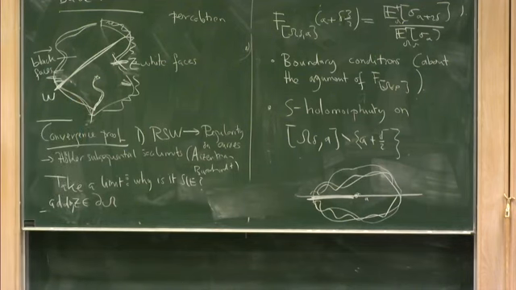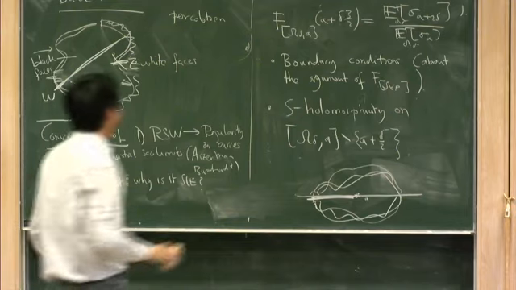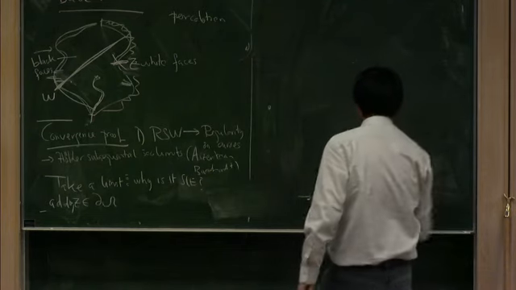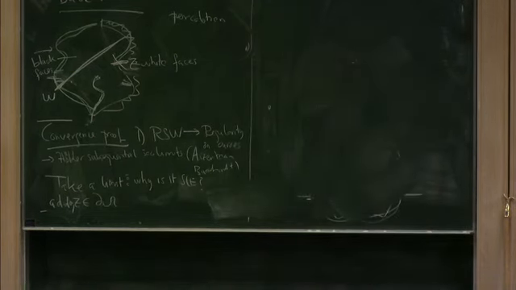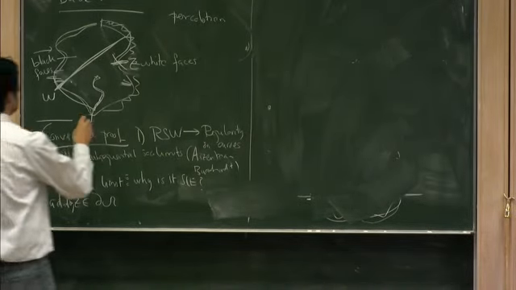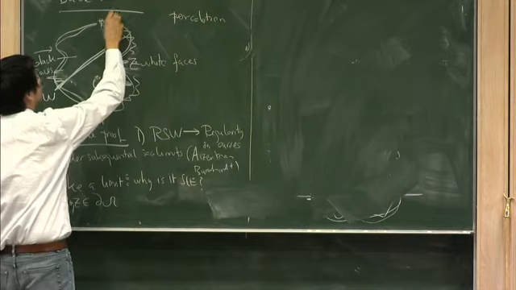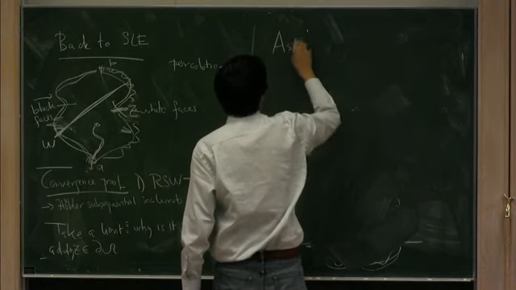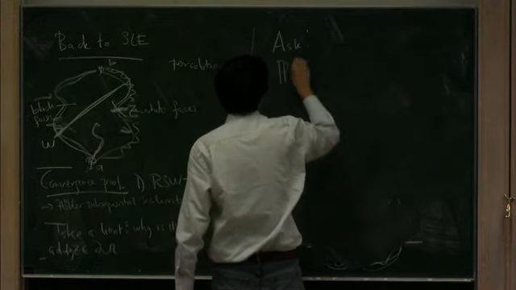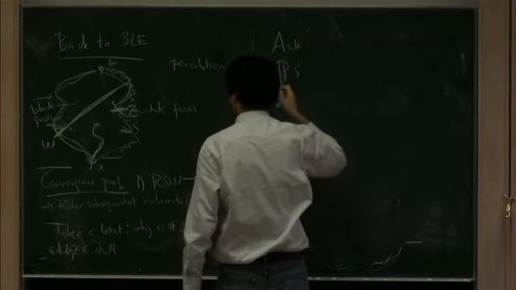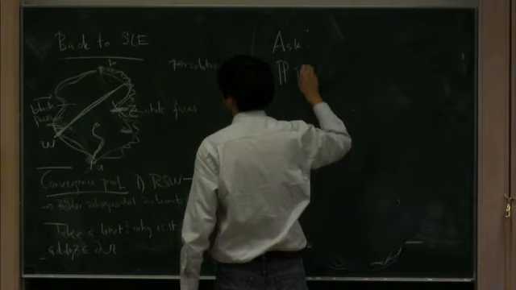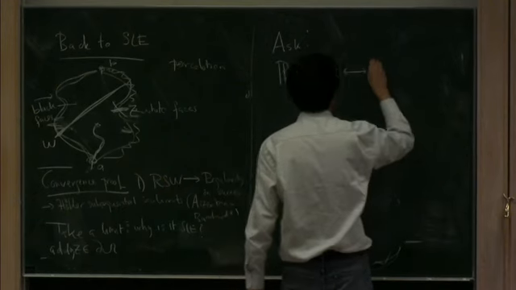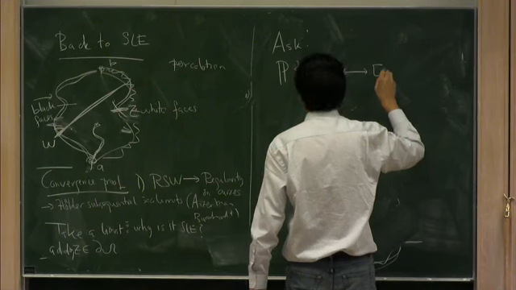So let's write what this means. Let's call this point A and this point B. So ask probability of AZ linked by a black path to BW.